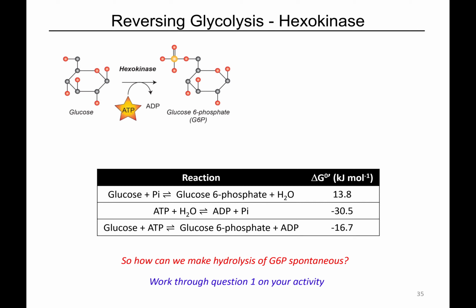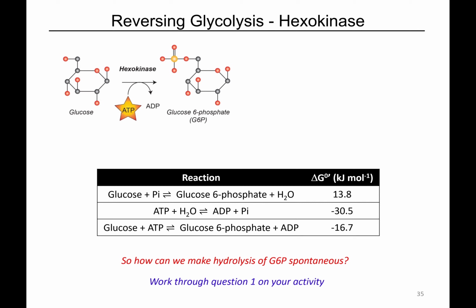So if we think just about hexokinase, we know that hexokinase catalyzes the phosphorylation of glucose using ATP as the phosphate source. We have the energy of each of these reactions. Glucose phosphorylation is characterized by a free energy change of 13.8 kilojoules per mole. ATP hydrolysis is characterized by a free energy change of negative 30.5.